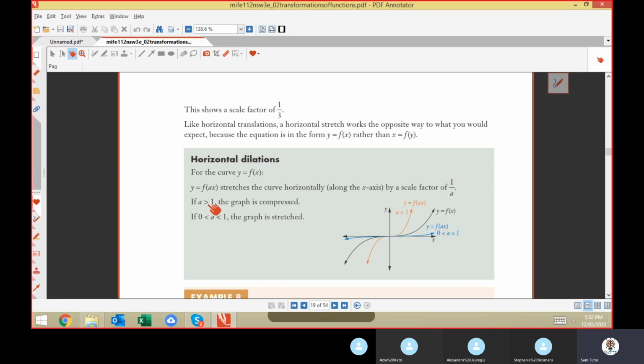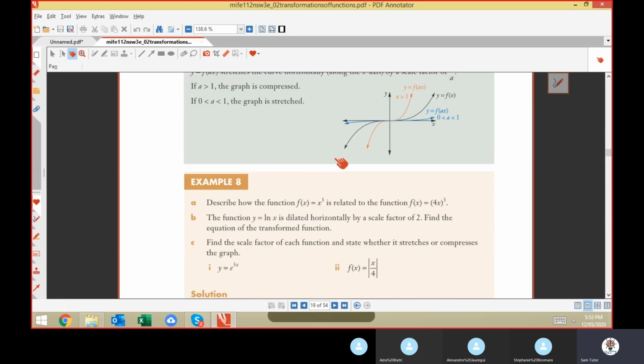So 1 on a, it's not so much that it's greater than 1, it's that you're going to get a number that is half or a third or a quarter or a fifth or whatever it is, which means it will become compressed or squeezed. And if you choose any number between 0 and 1, this will give you a number greater than 1, so 2, 3, 5, 10, 20. So therefore those ones are usually stretched. And it looks something like this. Okay.